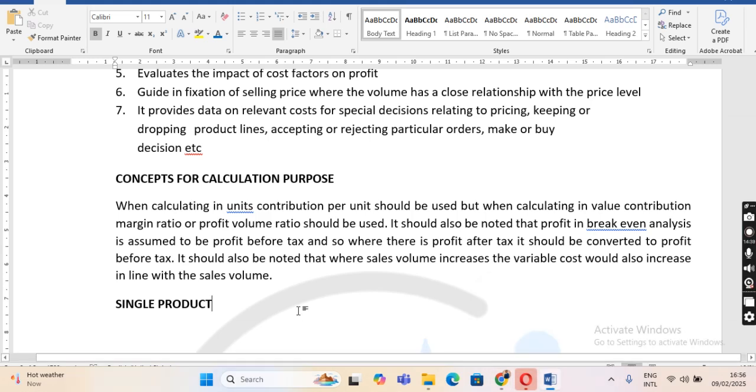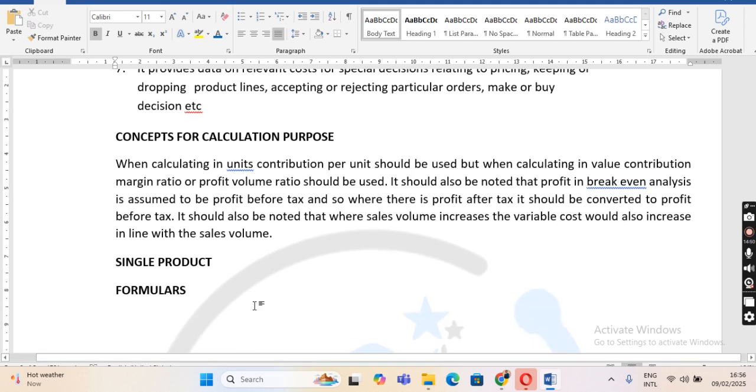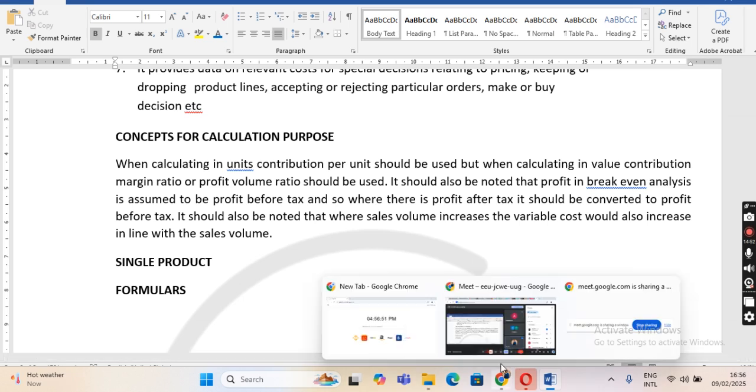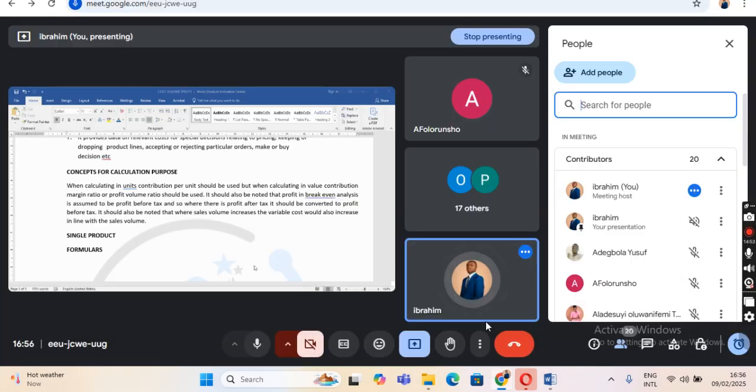Right. Now, CVP for a single product, right? Single product formula. Now, ideally, I'm supposed to copy the formula and give you, go and study it. But no, I want you to learn the formula, right? When it is single product. Now, what are the formulas you need to know when it is single product?